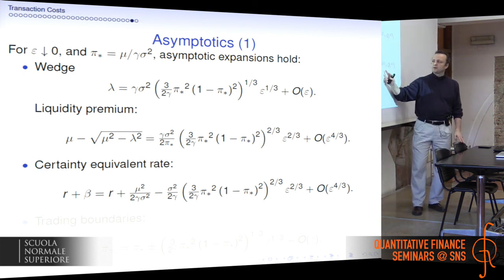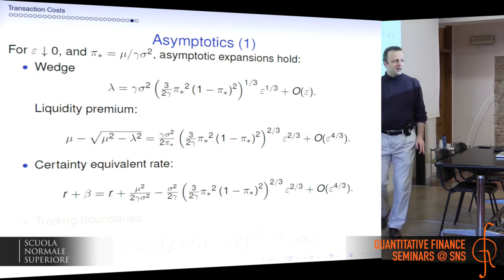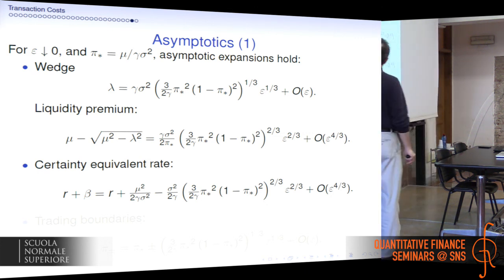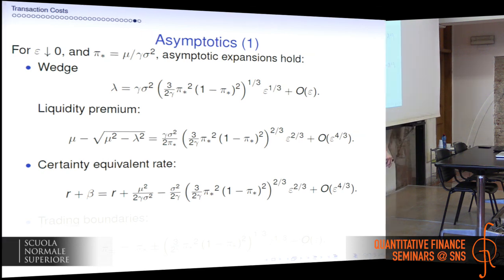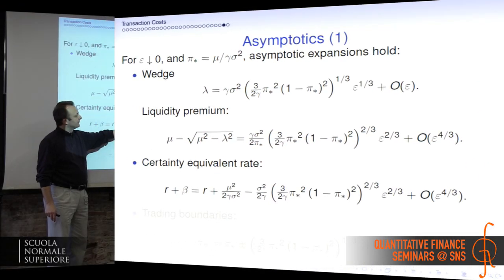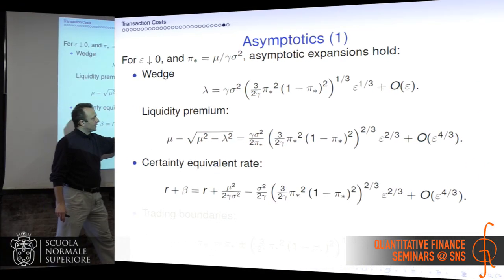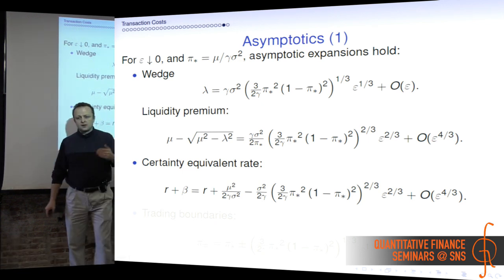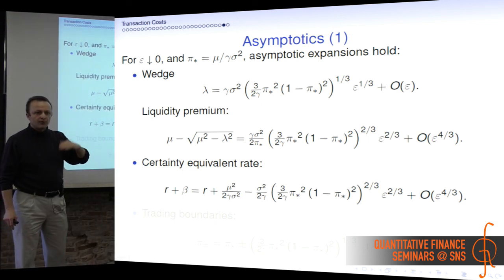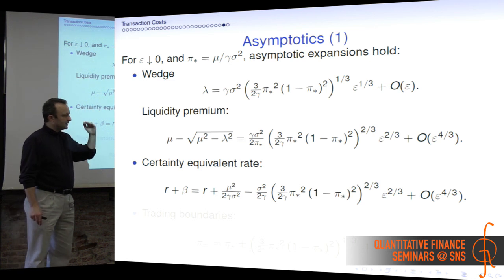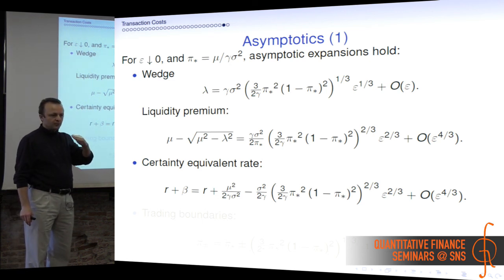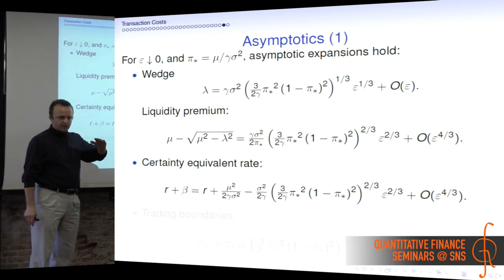This is what this is telling you. It is also telling you that the bigger the volatility, other things equal, the worse the effect of transaction cost, because the volatility moves around the portfolio, and that's bad because you would like the portfolio to stay as constant as possible in a Merton world.